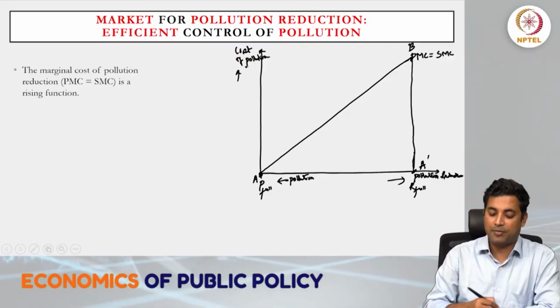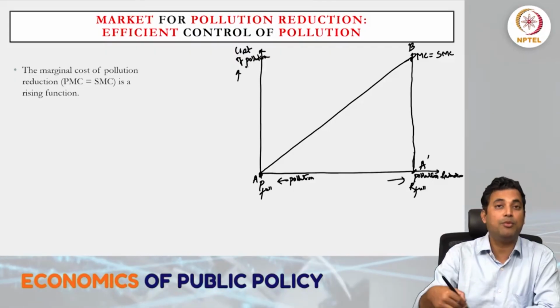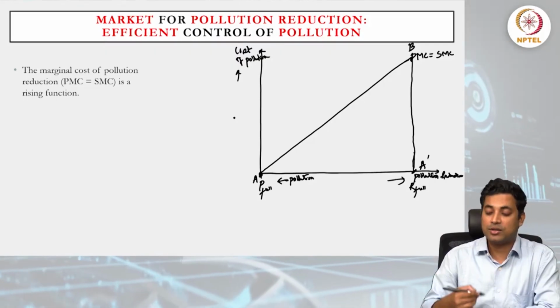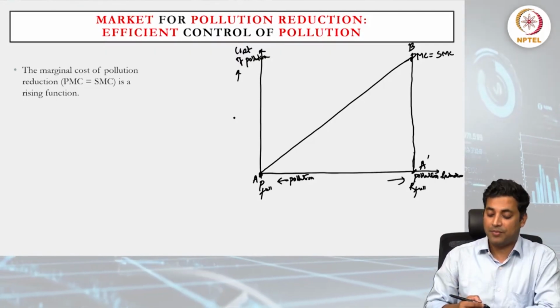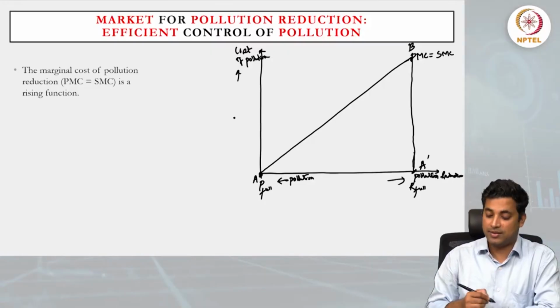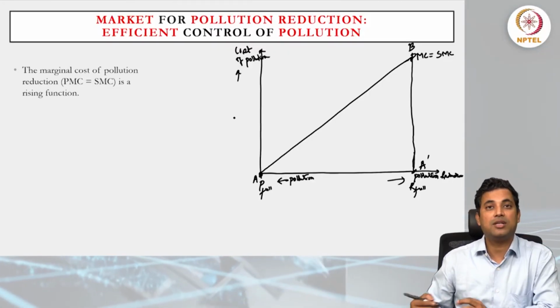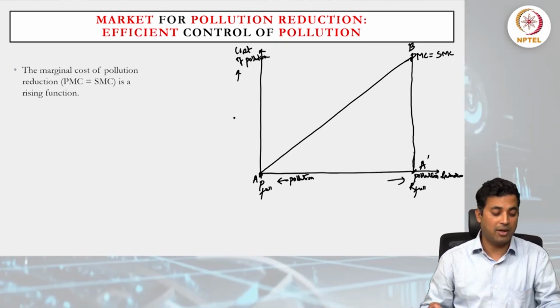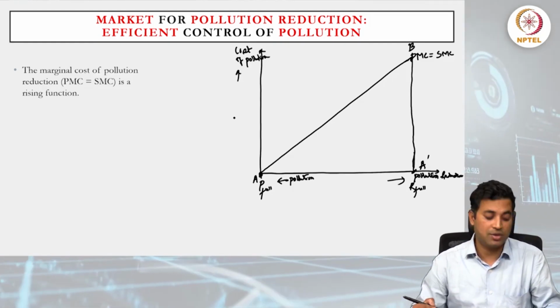As we move along the vertical axis, cost is getting added as pollution decreases, because there will be more cost involved in order to reduce the pollution level.